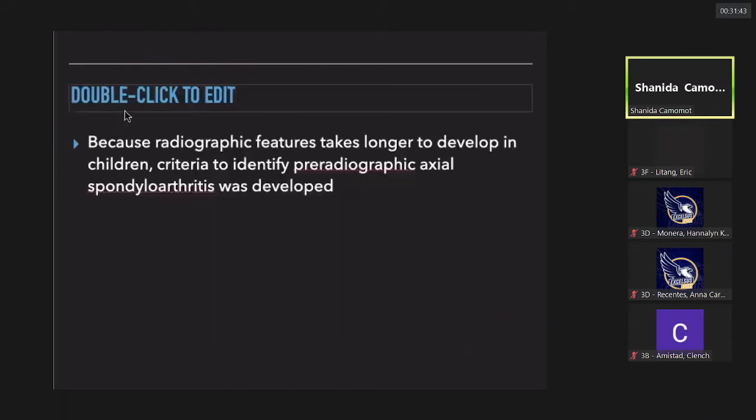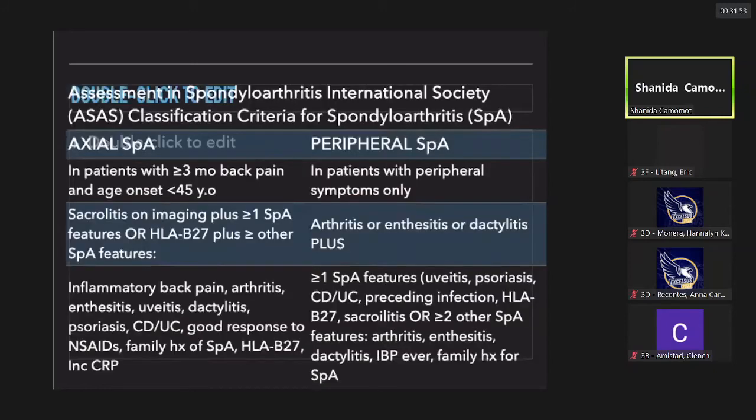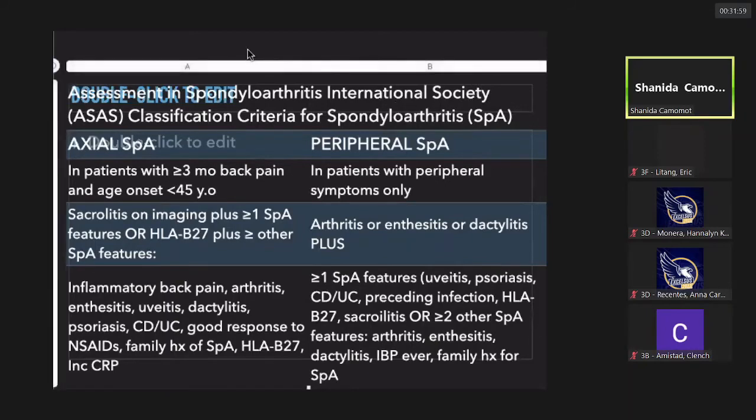Because radiographic features take longer to develop in children, criteria to identify pre-radiographic axial spondyloarthritis were developed. So this is the one I showed you earlier.